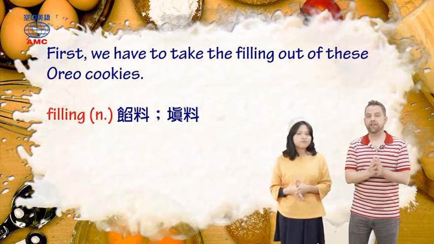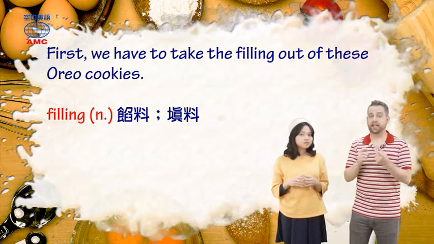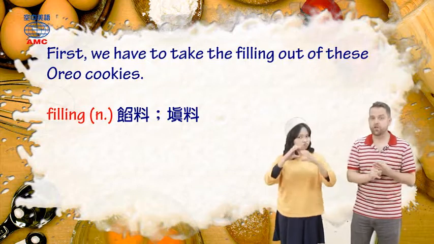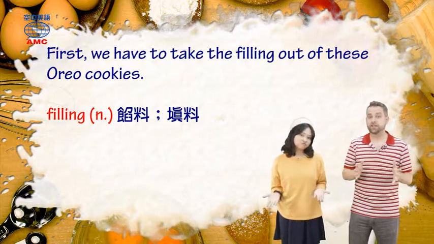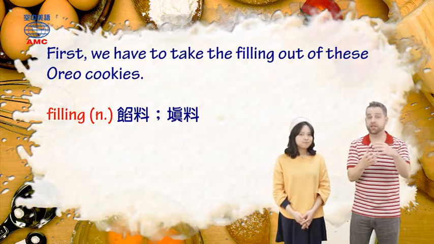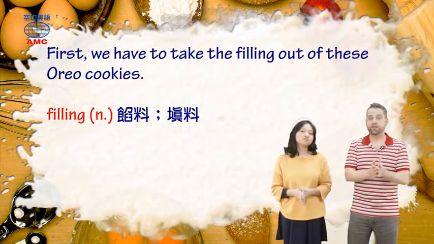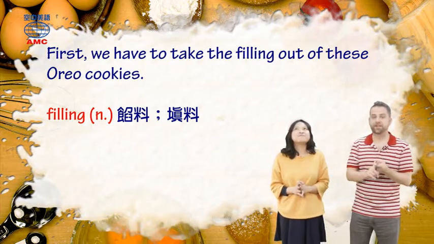That's right. And the filling is the softer, sweeter stuff that goes inside a cake, a cookie, a donut, or anything like that. In an Oreo cookie, it's the white stuff in between the harder cookie pieces. Different Oreos have different flavors. Donuts could have jam filling or other stuff.